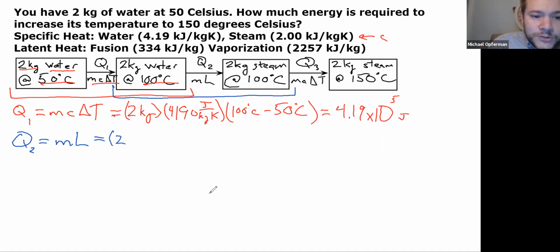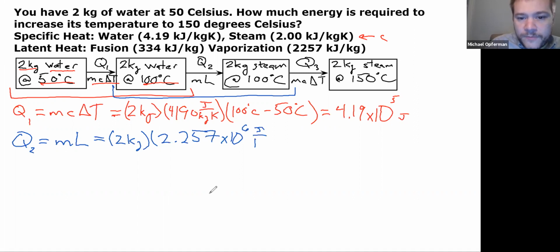The mass is still 2. L, which L do I use? There's 2 given in the question. This is water to steam, that's liquid to vapor, so I'm going to use the vaporization. And that also has to be converted to SI units because it was given in kilojoules. So this will be 2.257 times 10 to the 6 joules per kilogram.